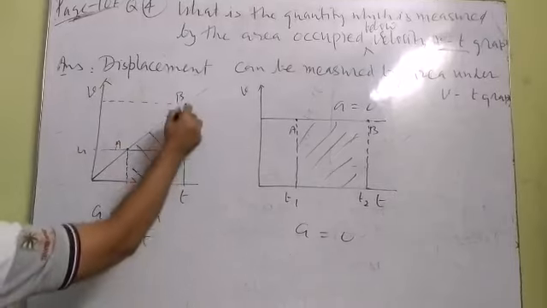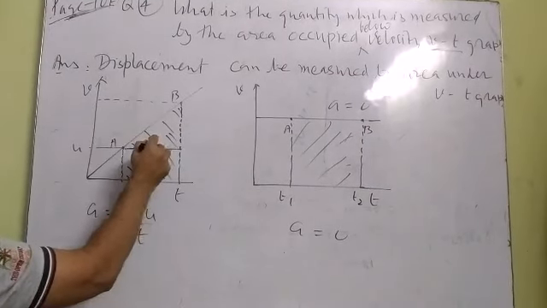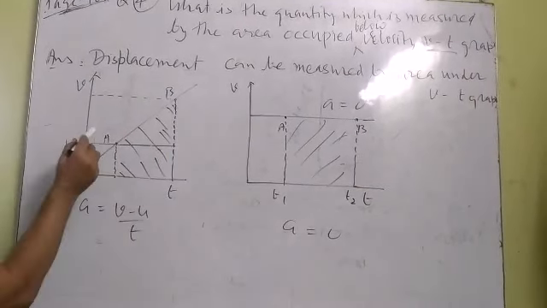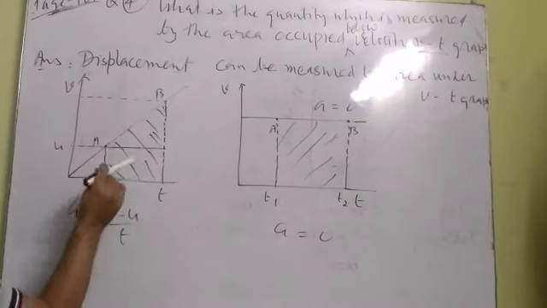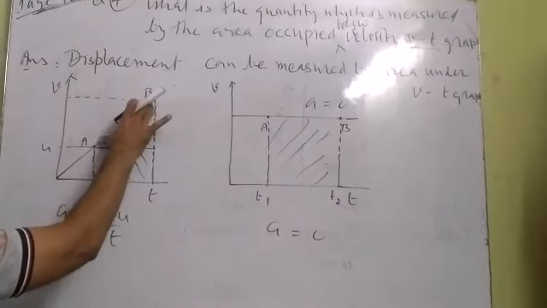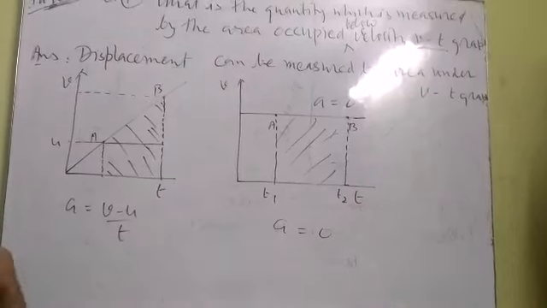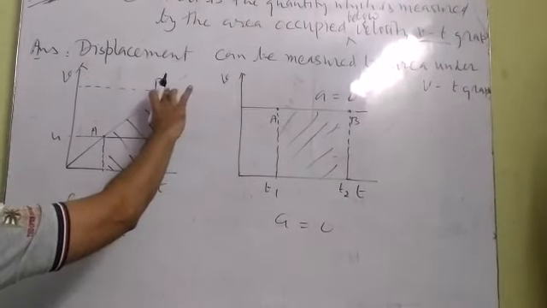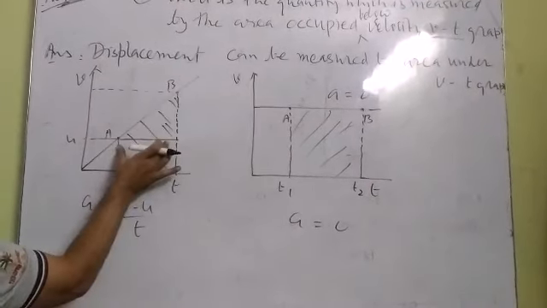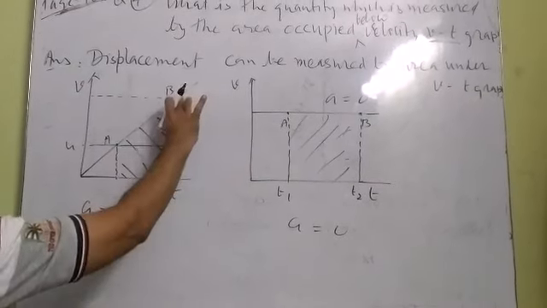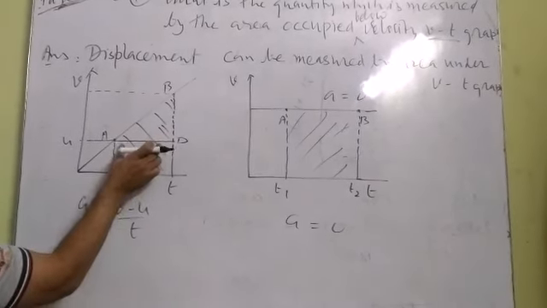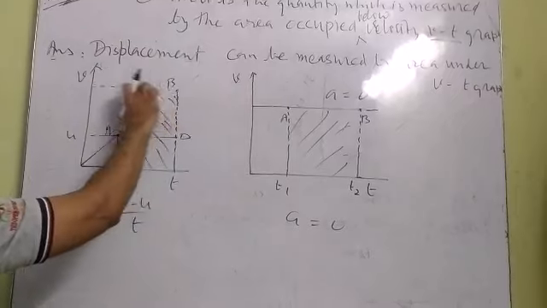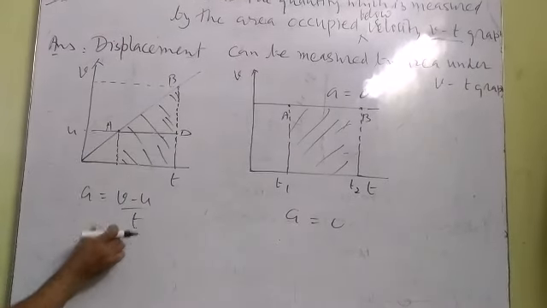The area of the trapezium is equal to the displacement. Whereas the acceleration can be calculated by the slope of this graph between A and B. For slope, we divide the change on the y-axis by the change on the x-axis. The change on the y-axis is BD, the change on the x-axis is AD, which means it is (V minus U) upon T.